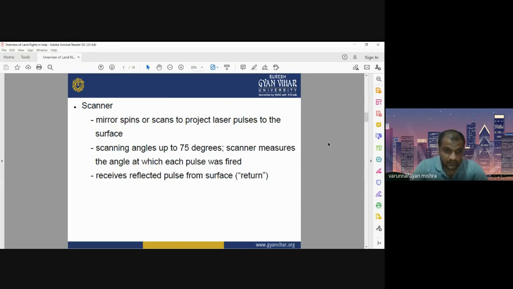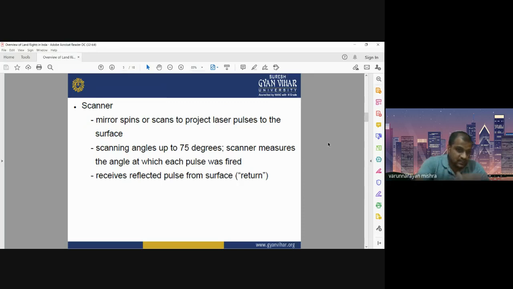In the laser scanner there is a mirror that sweeps, that scans to project the laser pulses to the surface. When it transmits the pulses and the return pulses are received by the receiver, there is a mirror that spins and rotates, and it can receive the incoming energy after interaction with the object.